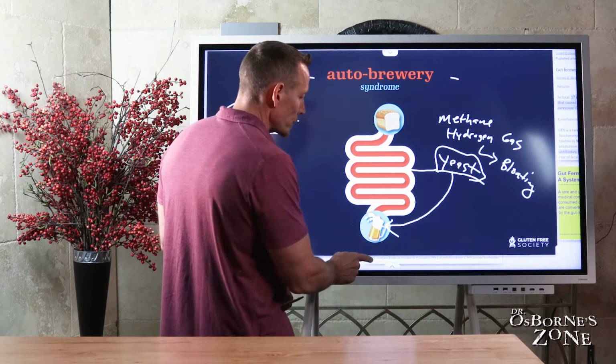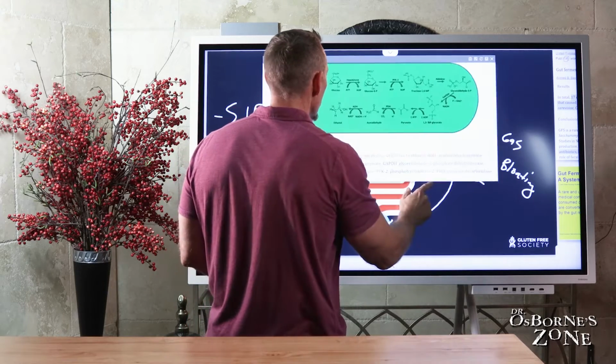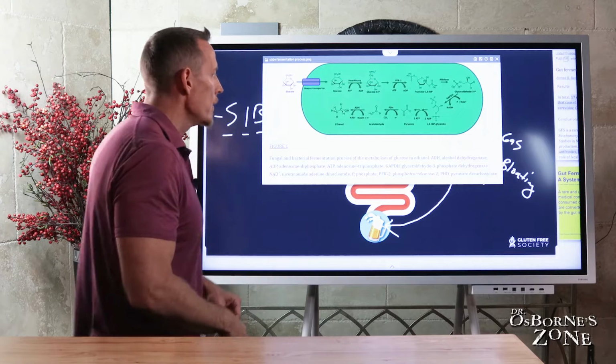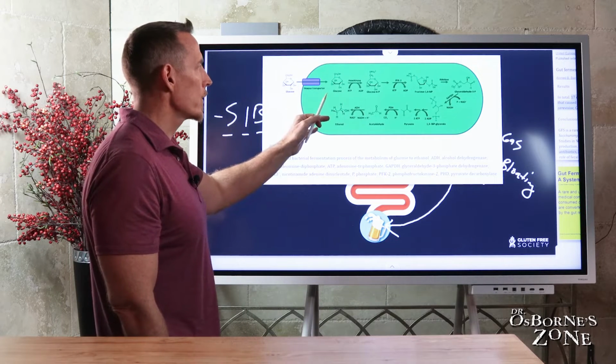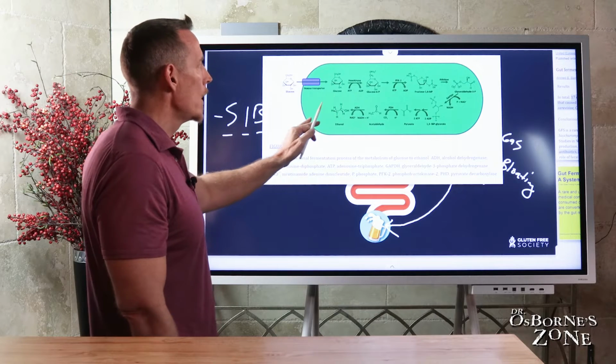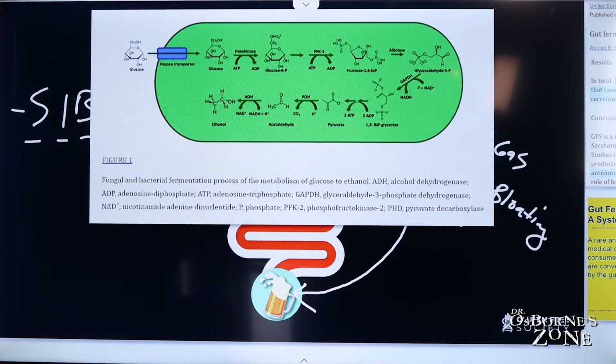So, auto brewery, how does this happen? If you want to know the chemistry, the science, this is a mechanism by which yeast and other bacteria, because some bacteria can do this as well, can produce alcohol. So this is the cell membrane of the bacteria, of the yeast in this case.